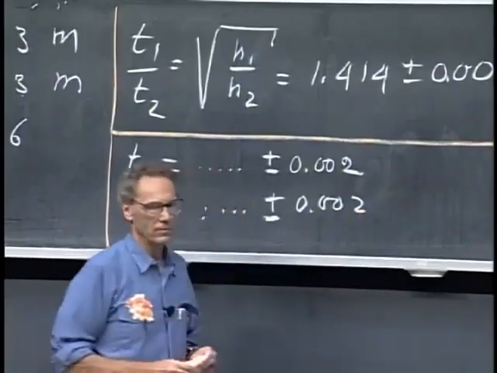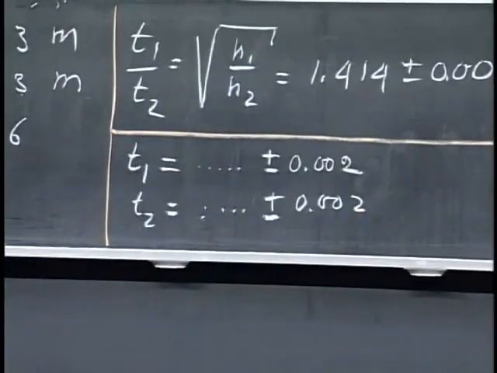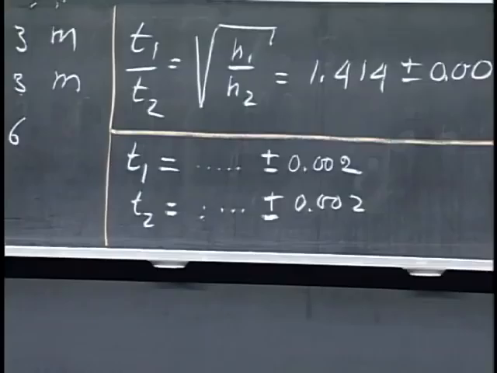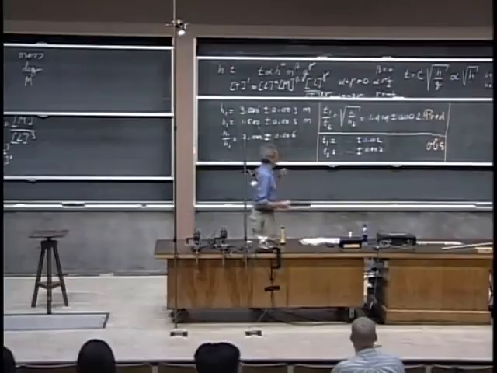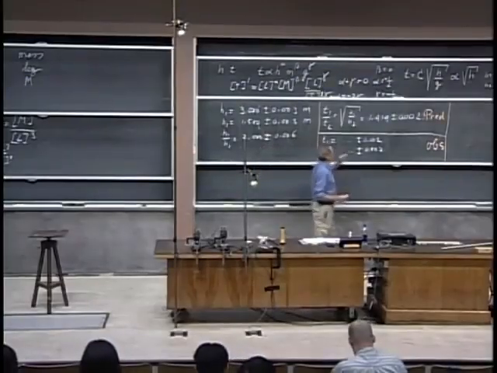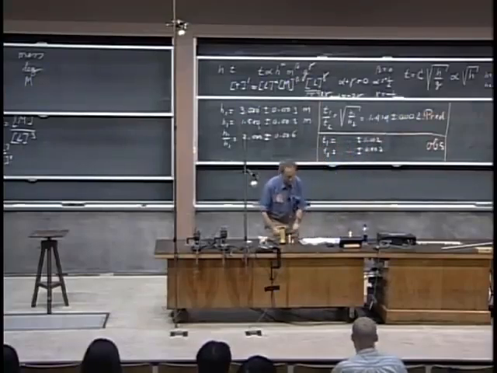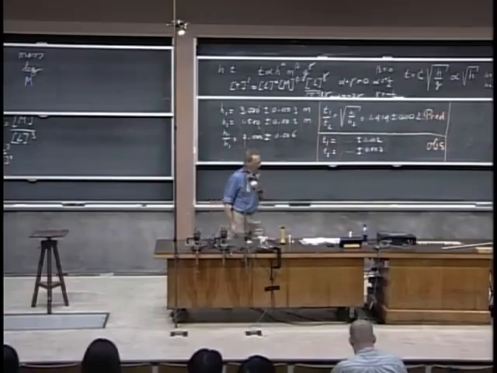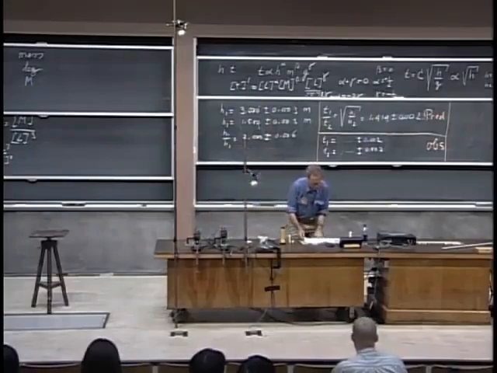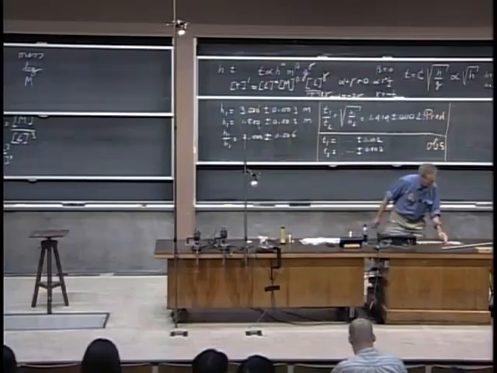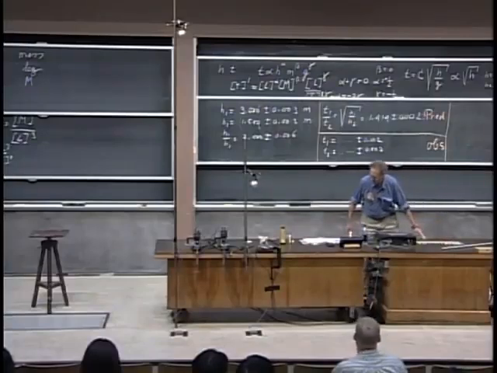That is pretty safe. So now we can measure these times, and then we can take the ratio, and then we can see whether we actually confirm that the time that it takes is proportional to the square root of the height. So I will make it a little more comfortable for you in the lecture hall.